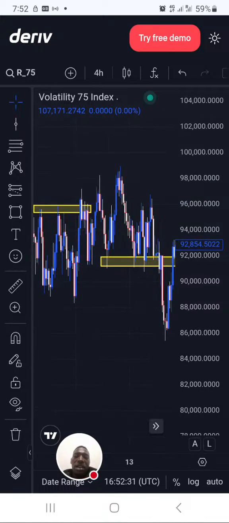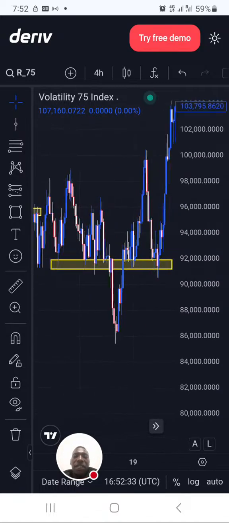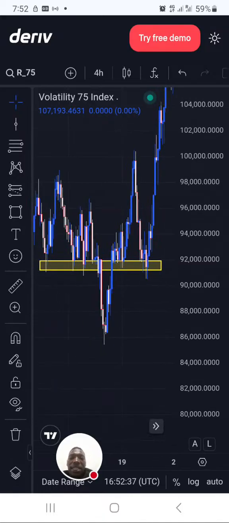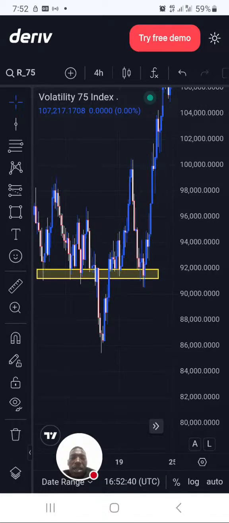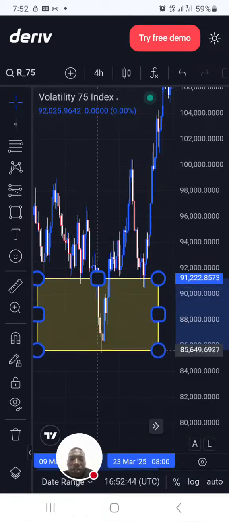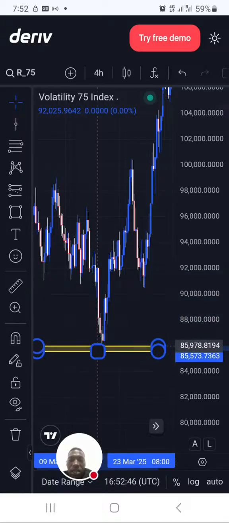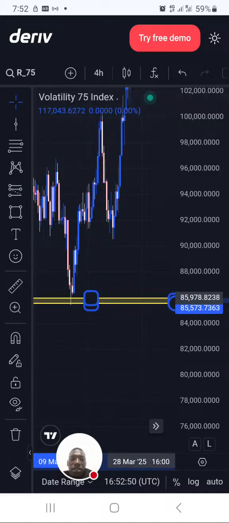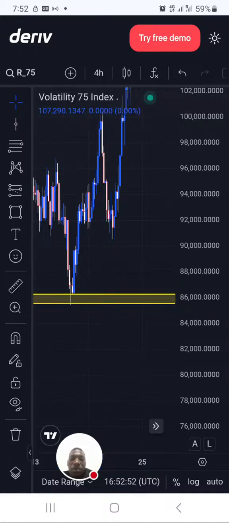Now, for instance, you can see that this 75 has a habit. Whenever it reaches a certain zone, let me do like this. Do you see this area here? Now you mark your area like that, because it's the behavior of this asset, now we have seen it.